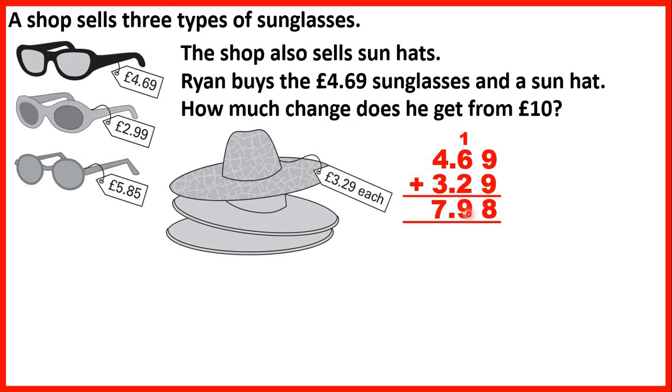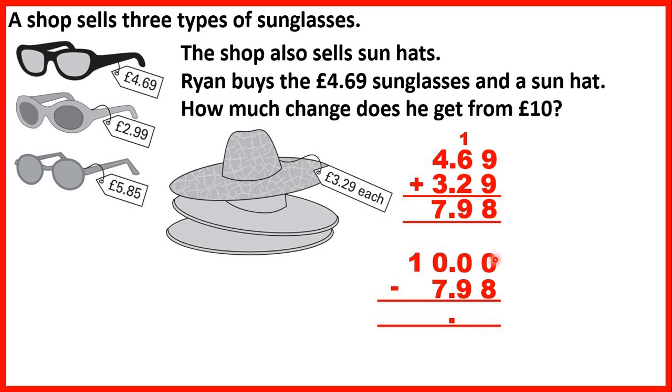Now if £7.98 is what he spends and he pays with £10, we can calculate the amount of change by finding the difference. So work out £10 minus £7.98. Remember, £10 can be written as 10.00, and then we can copy down our decimal point.